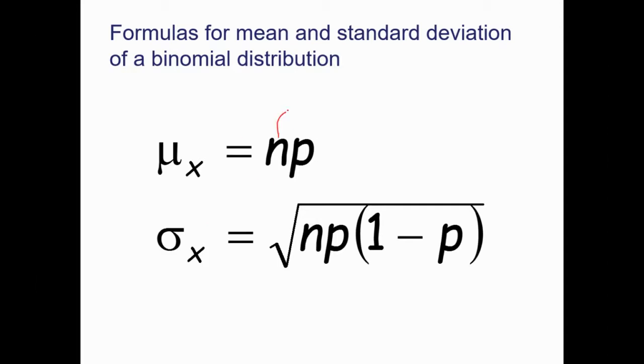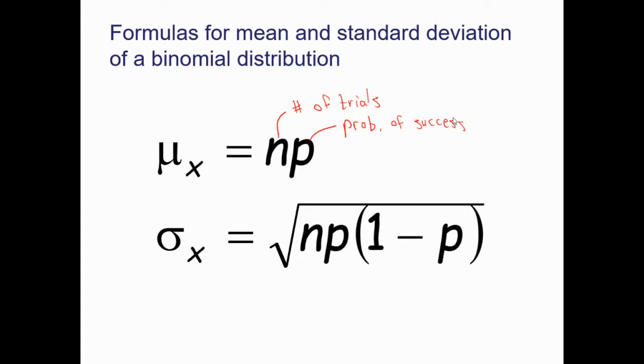N, remember, is the number of trials. P is our probability of success. So we just do n times p to get the mean.